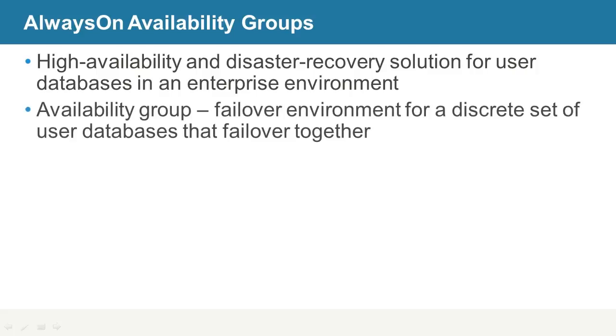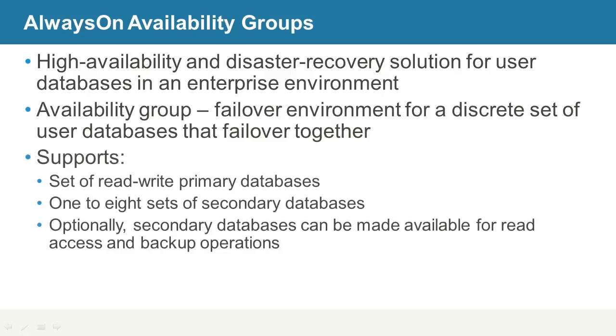So your availability group is a failover environment for a discrete set of user databases that fail over together. It supports a set of read-write primary databases, the one that in essence you use for your daily activities, and then 1 to 8 sets of secondary databases. These are in essence the standby copies that are ready to assume services in the event of the primary database failing.